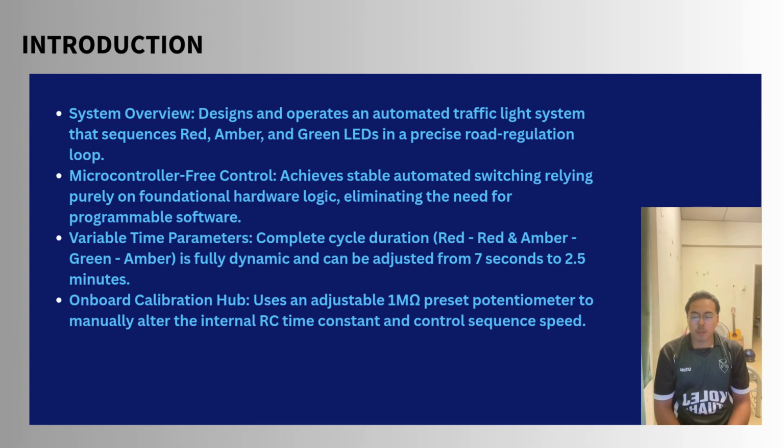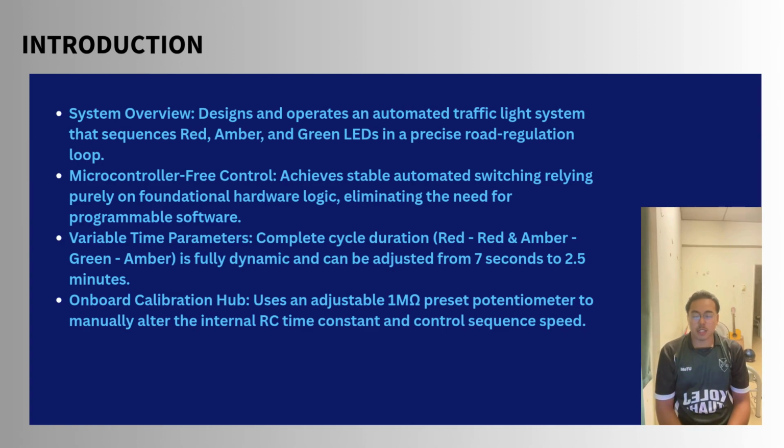Next, variable time parameters: the complete cycle duration, red to red and amber to green to amber, is fully dynamic and can be adjusted from 7 seconds to 2.5 minutes.